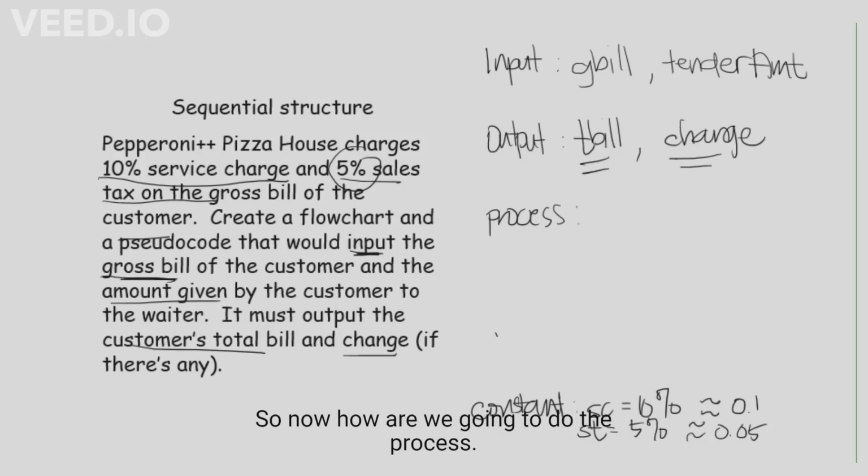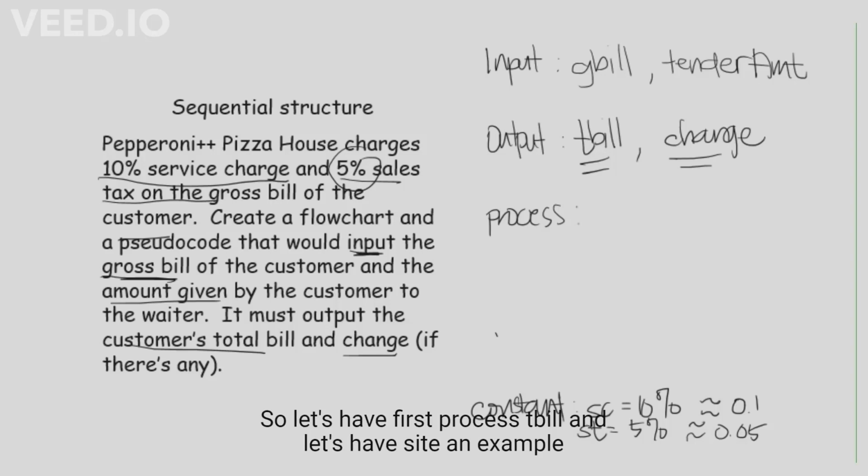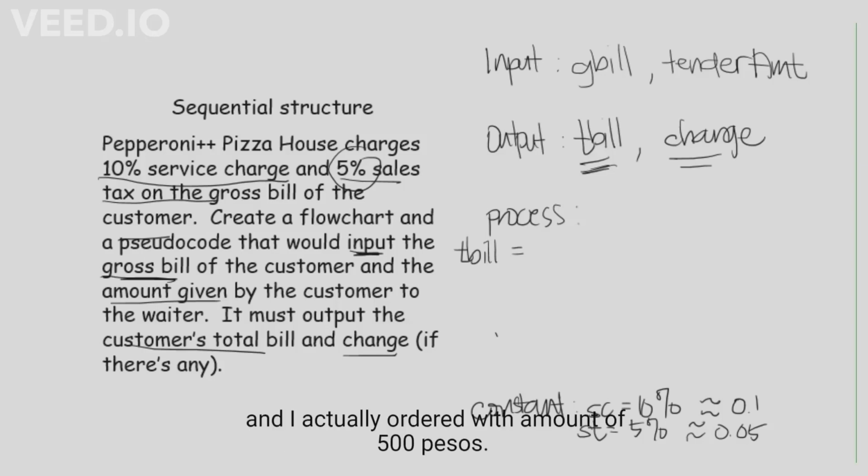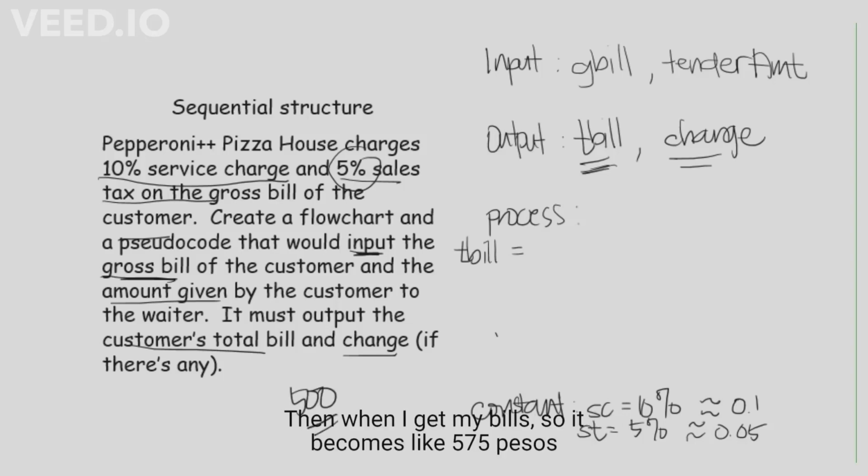Okay, so now, how are we going to do the process? So let's have first process T bill. And let's cite an example. So let's say, for example, I went to Pepperoni Plus Plus Pizza House and I actually ordered with amount of 500 pesos. Then when I get my bill, it becomes like 575 pesos.